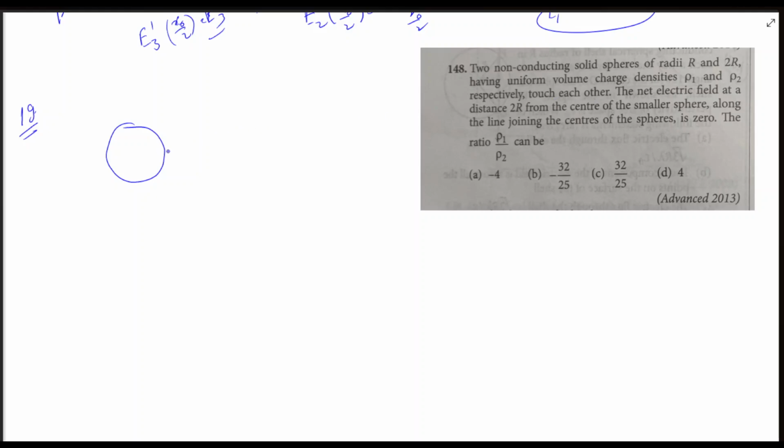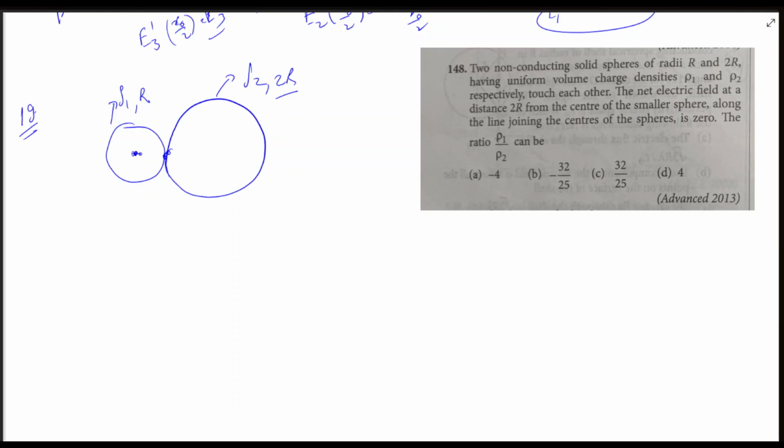They touch each other, so they are touching each other. So it has sigma 1, sigma 2, its radius is r, and this one's radius is 2r. Look, even if they are touching, because they are non-conducting, charges will remain on them, so they will not get exchanged. Okay, the net electric field at a distance 2r from the center of the smaller sphere.